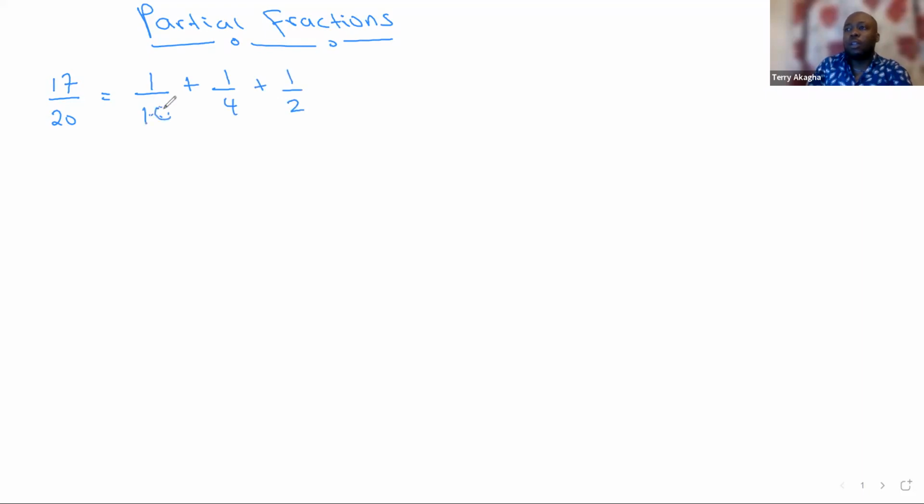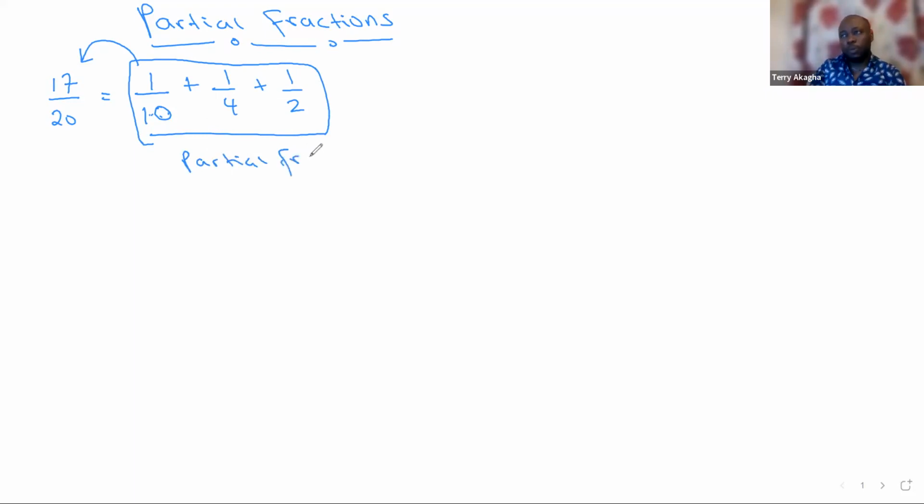Does that make sense? Now, if you add all this together, it is going to give you this fraction here. So that means you can say that all these are partial what? Fractions. Okay, all these are partial fractions.